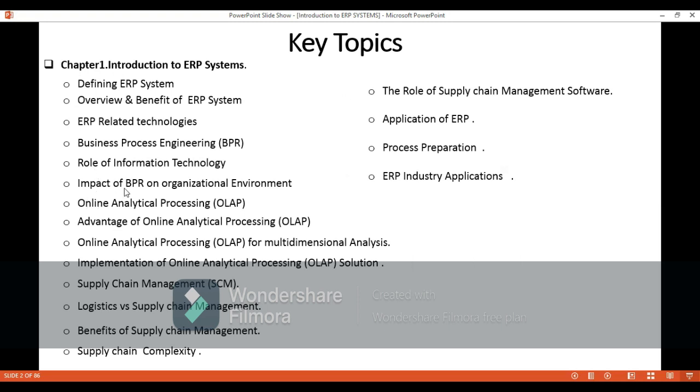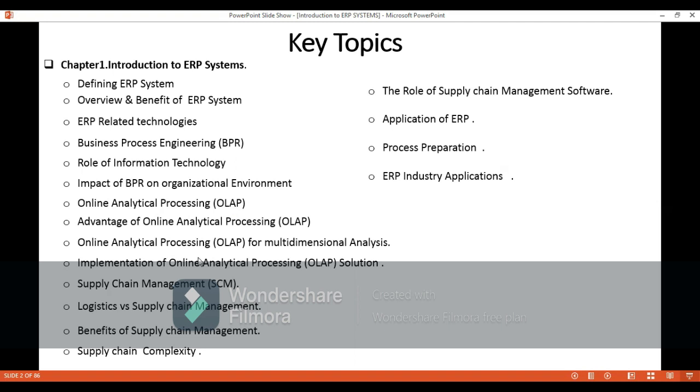As well, the impact of business process engineering, and the online analytical processing that is being performed during the analyzing of your data, and the advantage of using OLAP and OLAP for multi-dimension analysis.